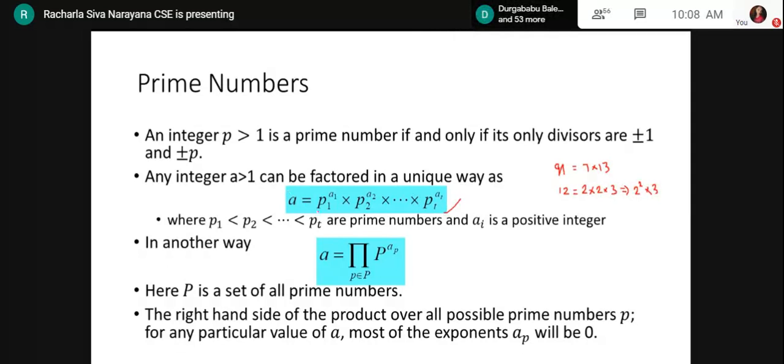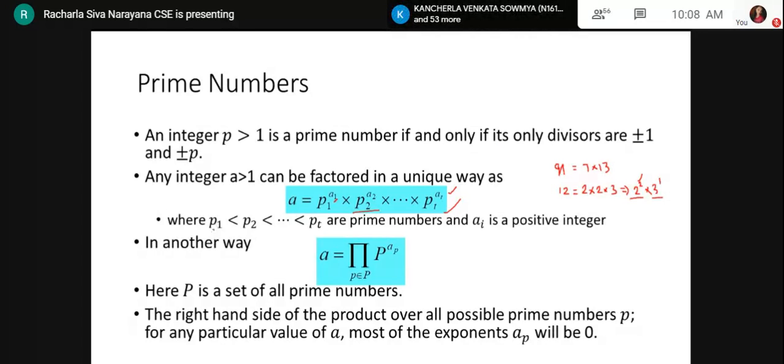So if a is equal to 12, we write p1 power a1 into p2 power a2 and so on up to pt power at. In this format, p1 means 2 and a1 is also 2. p2 is 3 and a2 is 1. This is called the factorization method.